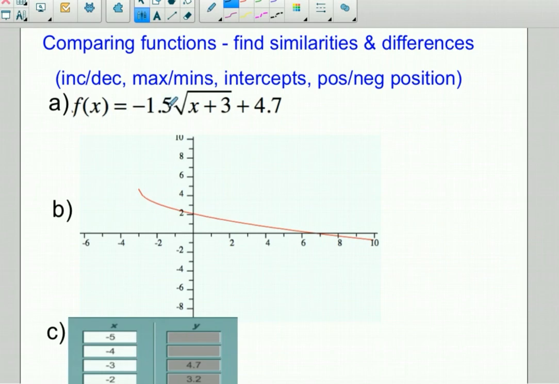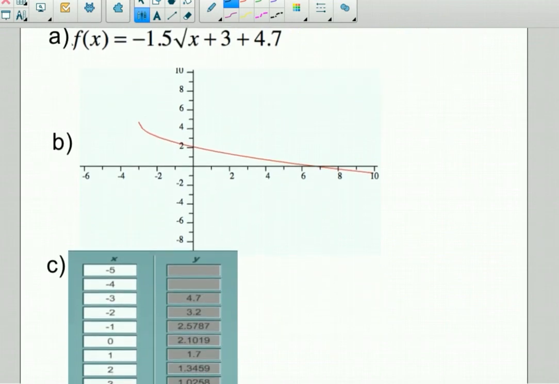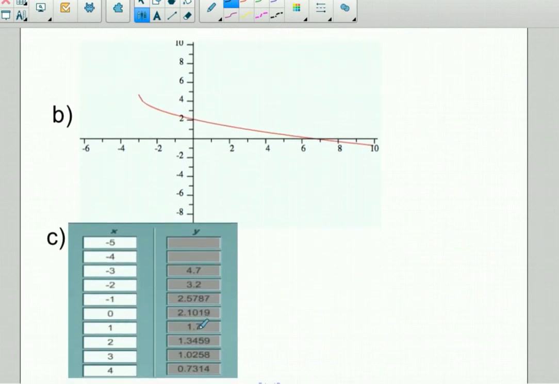So negative 1.5 times 2 would be negative 3, plus 4.7. So I plugged in 1 and I got 1.7, which is what I have here. And then I actually have it right here on the graph. If I plug in 1, I get 1.7.